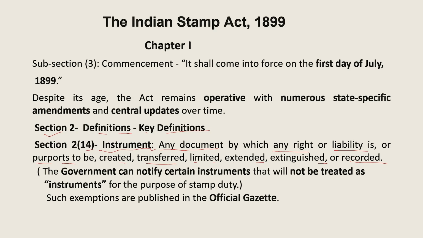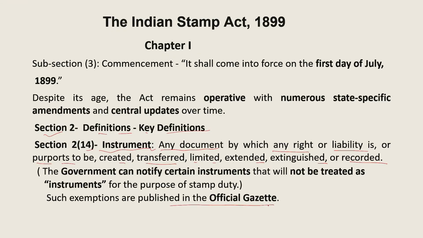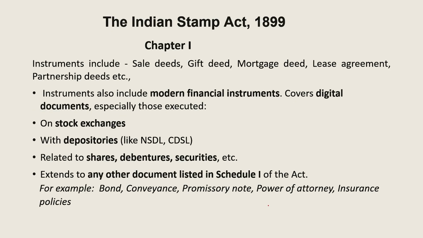The government notifies certain instruments that will not be treated as instruments for the purpose of stamp duty. It means there might be some documents which the state government exempted from levy of stamp duty. Such exemptions are published in the official gazettes. Moving further, I already mentioned that the sale deed, gift deed, mortgage deed, lease agreement, partnership deed, etc., are all instruments.